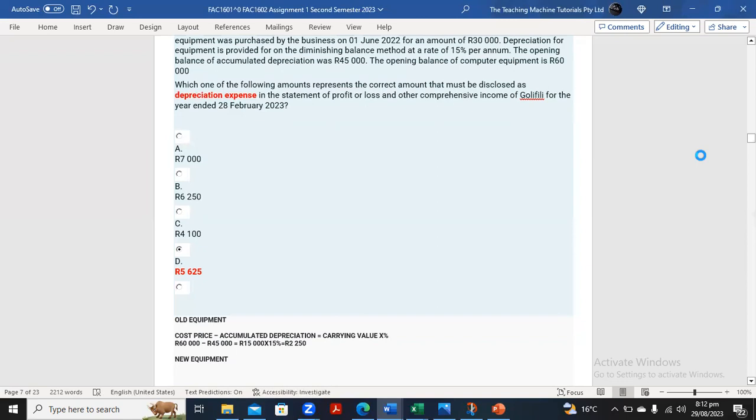New equipment, because it's new, it hasn't accumulated any depreciation. So there won't be any accumulated depreciation for this new equipment. So you say 30,000 multiplied by the period of existence.